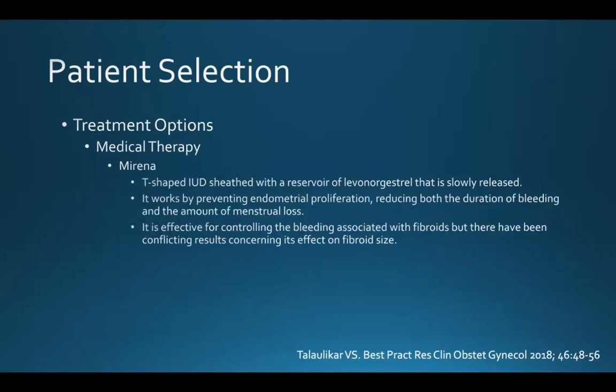The Mirena device is a T-shaped IUD sheathed with a reservoir of progesterone that's slowly released, and it works by preventing endometrial proliferation, reducing both the duration of bleeding and the amount of menstrual blood loss. It's effective for controlling the bleeding associated with fibroids, but there have been conflicting results concerning its effect on fibroid size.